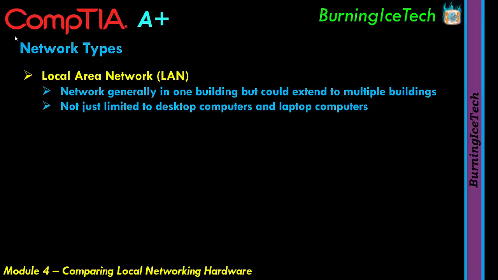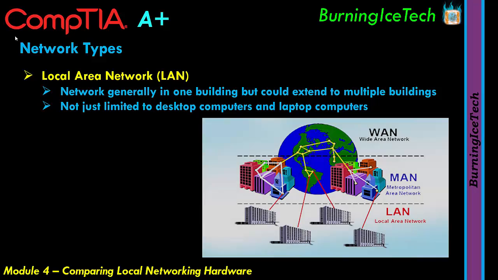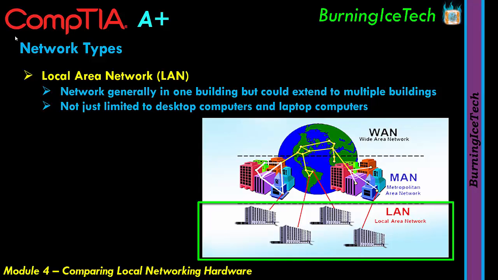Alrighty, now before we go back to that list of ours, here's a picture I want to show you guys, and I am going to use this exact same picture for some of the other ones. So I'm going to use this for LAN, MAN, and WAN. Currently we are on LAN, and if you look at the picture at the bottom there, you can see LAN is a building. Could be more than one, but it's usually going to be in one of those buildings.